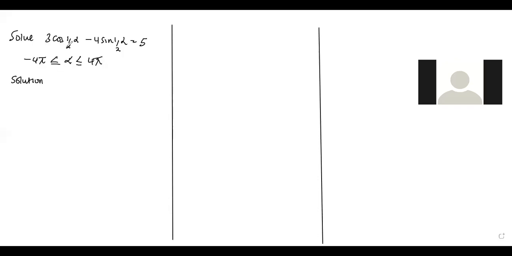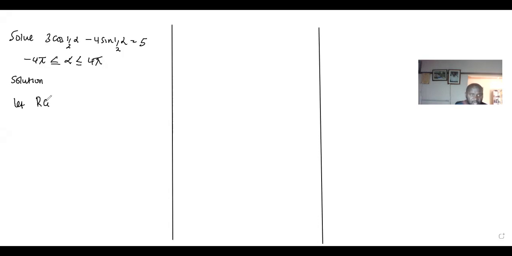Okay. Now, this number can be solved using different methods. I'm going to try it out using the R formula and the T formula, where the R formula can sit, also the T formula can, unless they have specified it. Because I'm seeing a subtraction here on the sine, I can let R cos of theta plus the angle, which is a half alpha, be equal to 3 cos a half alpha minus 4 sine a half alpha.